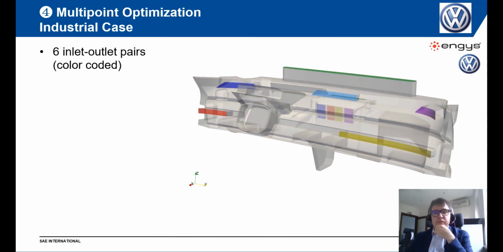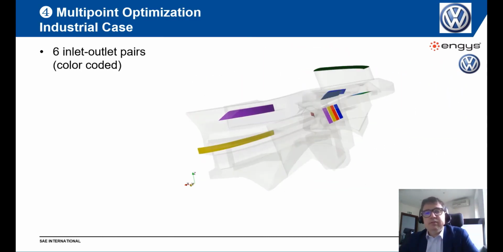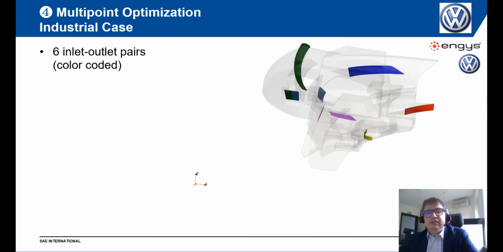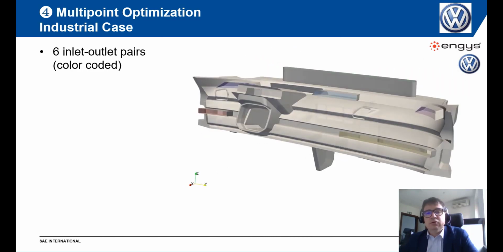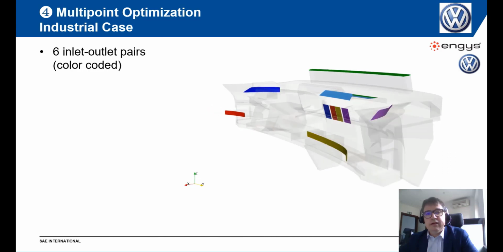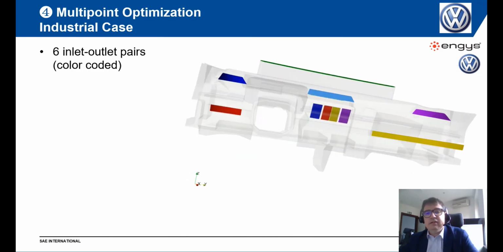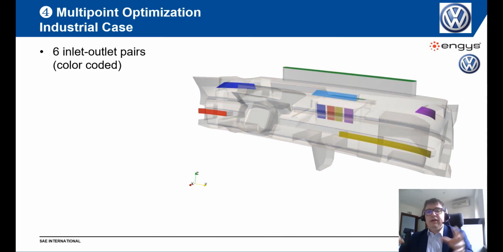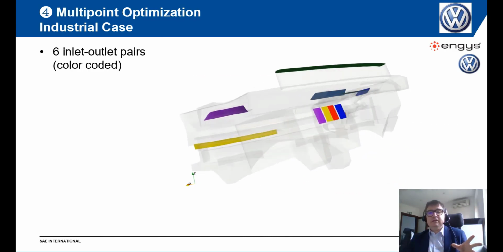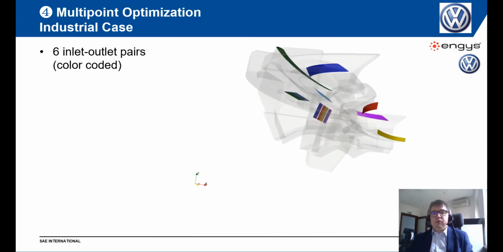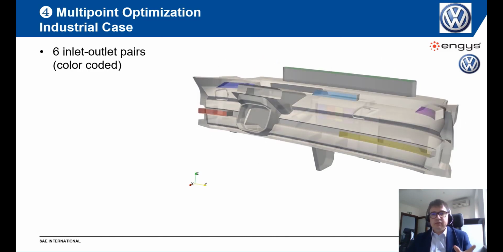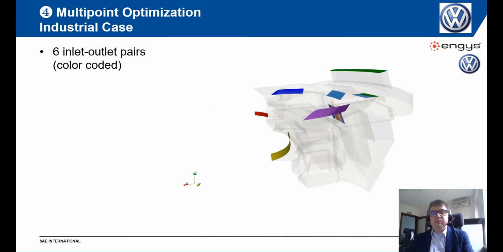Moving on to the optimization problem, we have 6 inlet-outlet pairs, which are color-coded. Blue goes to blue, red with red, and so on. You can see here that we will only have the inlet and the outlet. The duct does not exist yet, so we need to create it using this virtual HELYX-Adjoint Optimization tool.